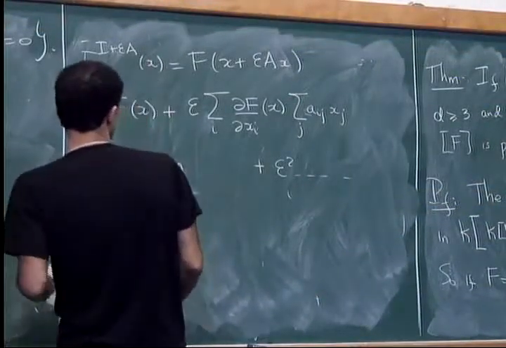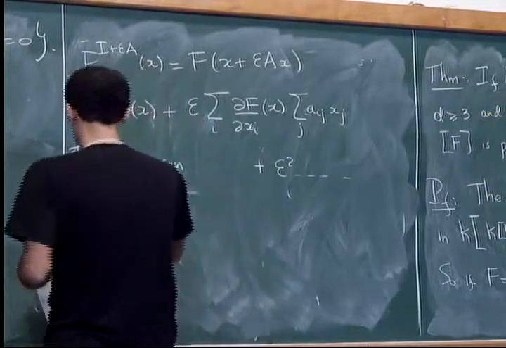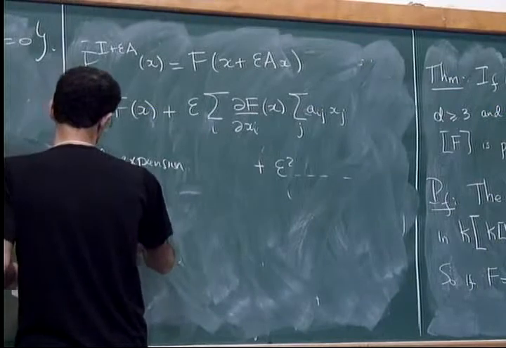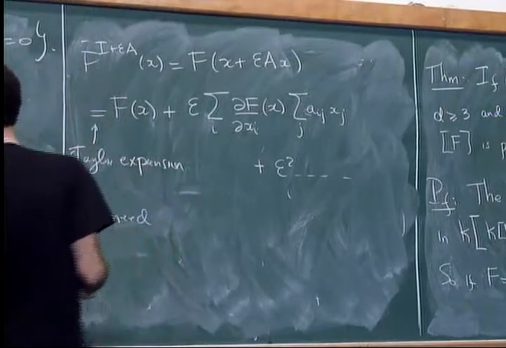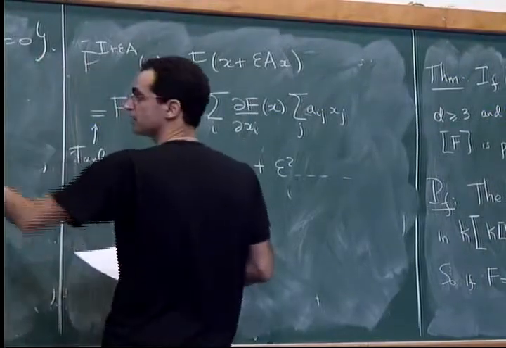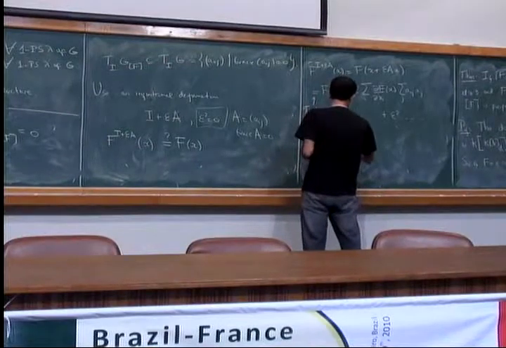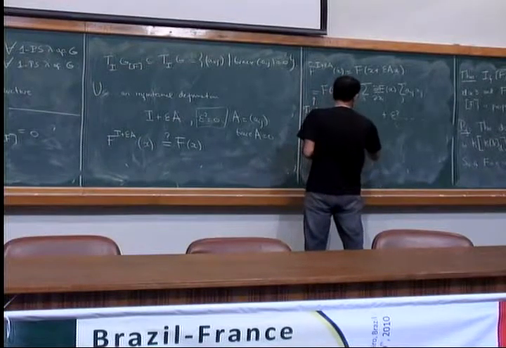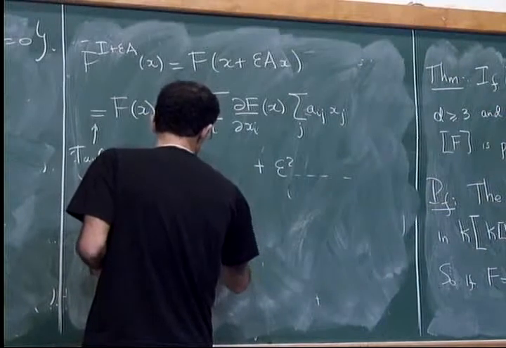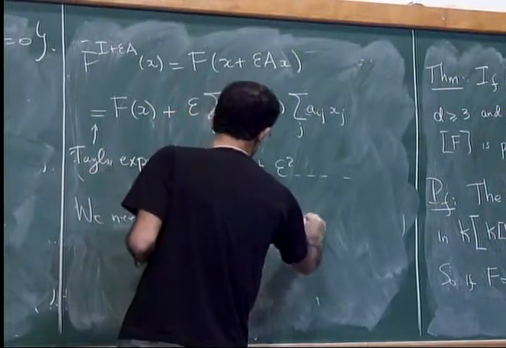Right? So we need to have that this deformation here lives in here. So to get a point in that tangent space there, we need this summation to be 0.